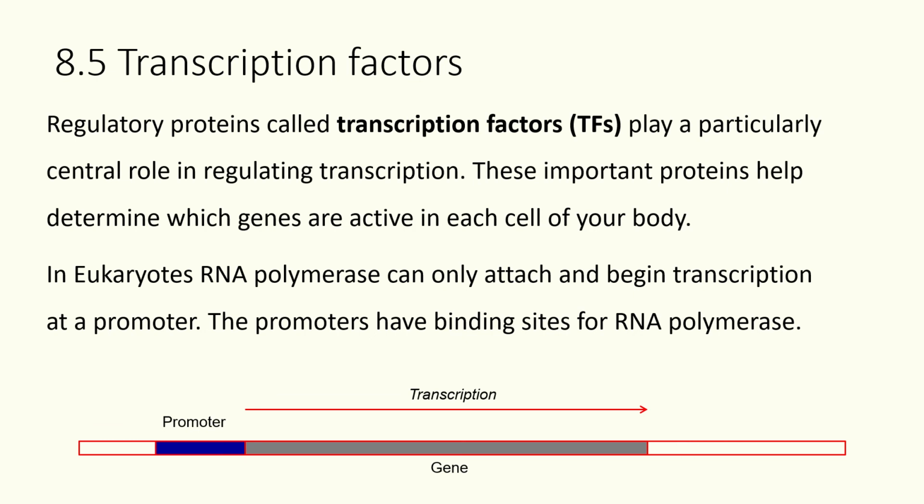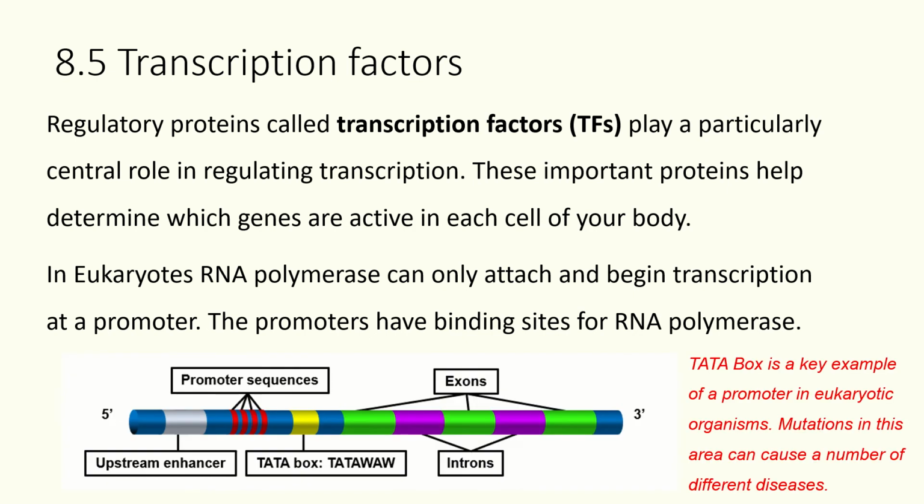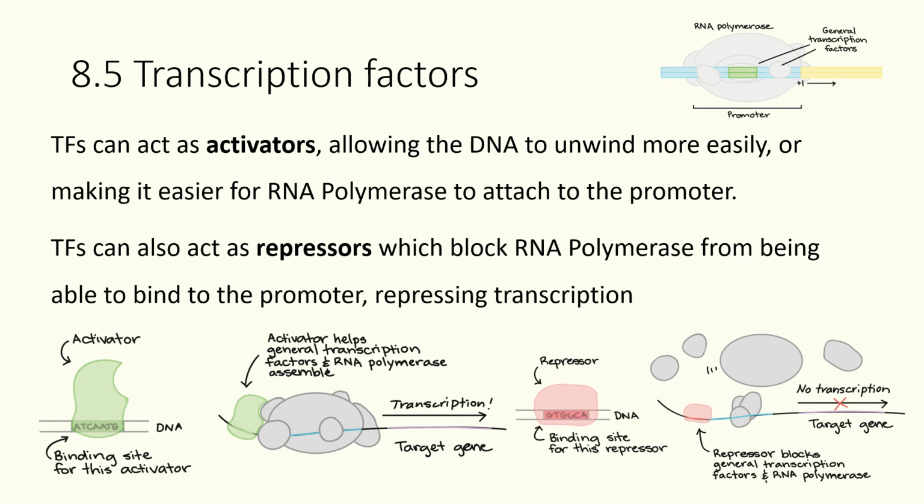A key example of a promoter in eukaryotic organisms is a TATA box, and you can see that it's in that promoter area before we have our actual gene. Mutations in this area can be pretty bad because it is such an important part in allowing for that gene expression.